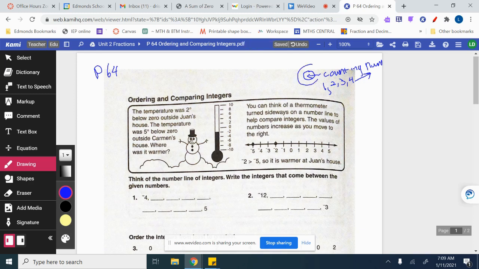Next would be whole numbers. Or sorry, natural numbers. And this is 0, 1, 2, 3, and so on.